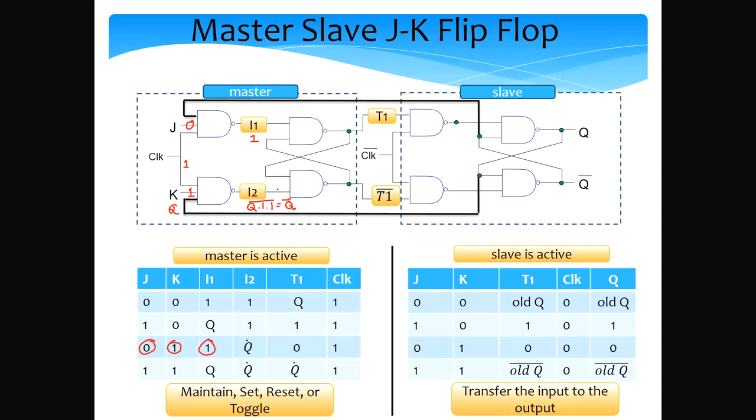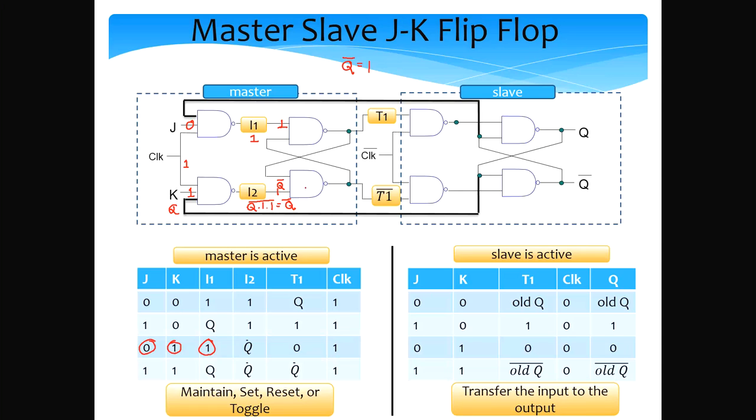So basically the value at this point is the complement of Q and the value at this point is 1. Let's follow the same logic as we did before. Let's consider two cases: where Q bar is equal to 1 and where Q bar is equal to 0. If Q bar is equal to 1, we'll have 1 and 1 as both the inputs, so the value will be maintained.